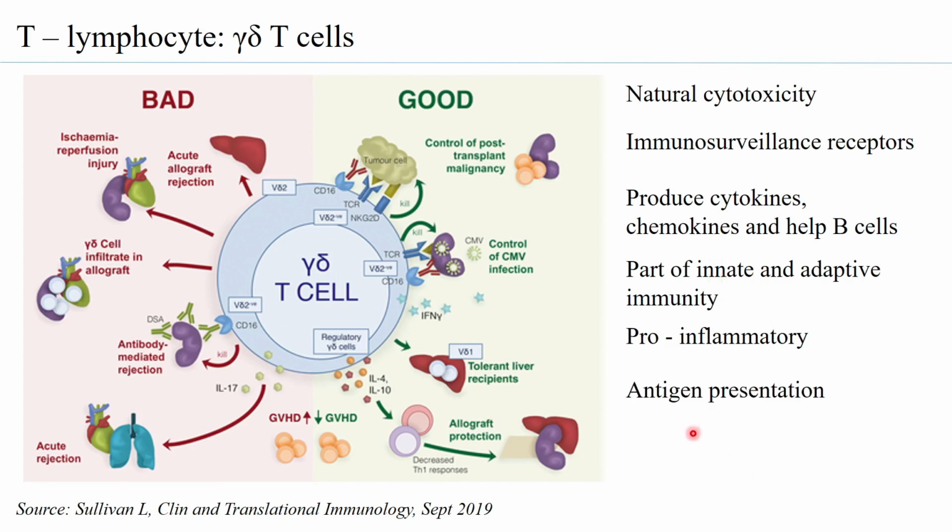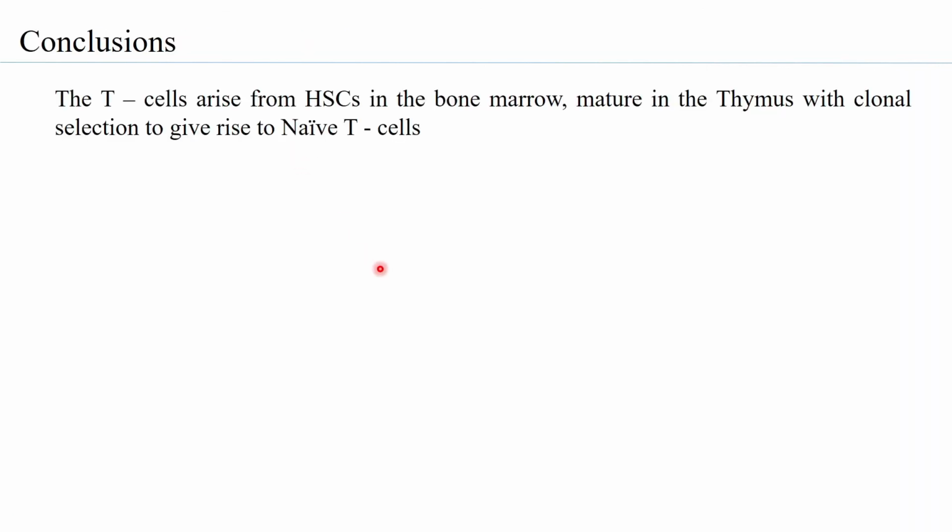They have the ability to present antigens, so they themselves can act as antigen presenting cells, and they are potential cells for therapy, especially cancer. Although this is not very abundantly found, it is found to be a rare and aggressive T cell. So let us make the conclusions.